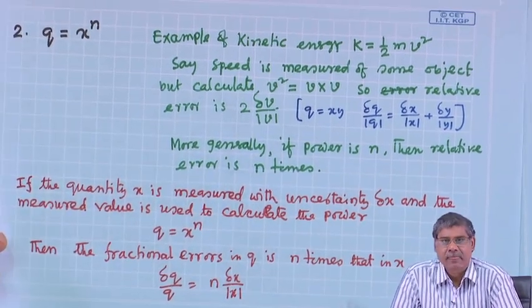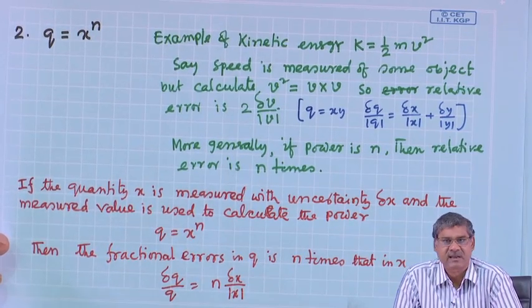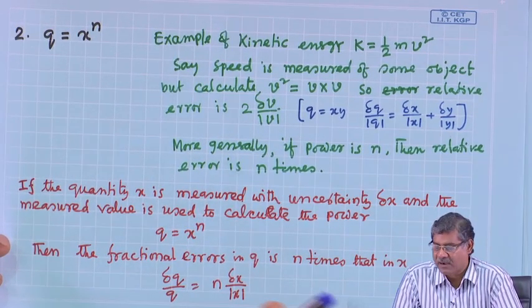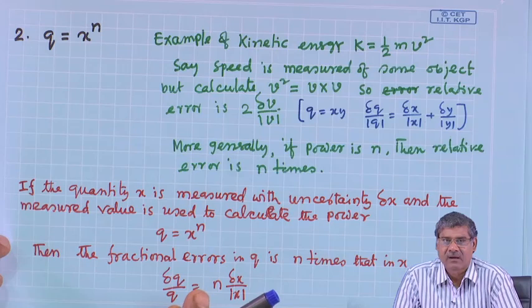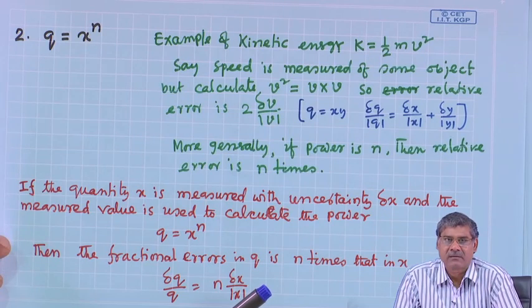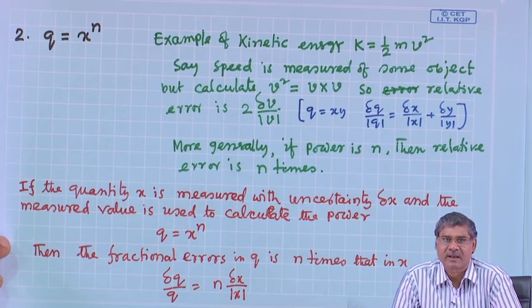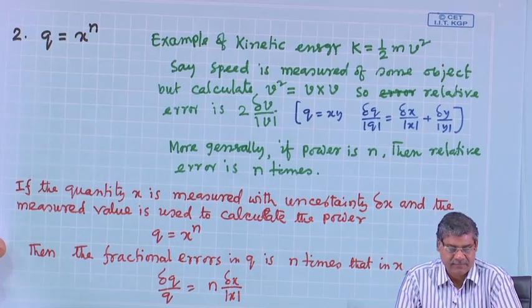So, this way there are more special cases, but whatever rules I discuss, using those you can calculate, I think, for all relations of the measured parameters with the physical quantity. Okay.